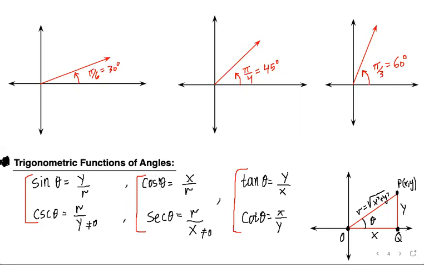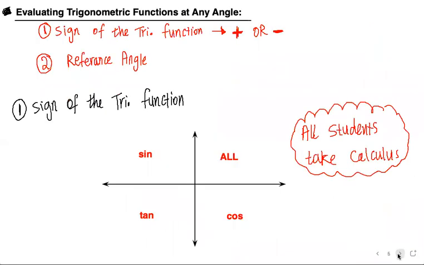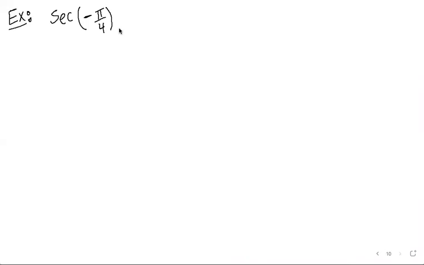Cosine. So the secant is actually 1 over cosine. So the secant here is equal to 1 over cosine of minus pi over 4.